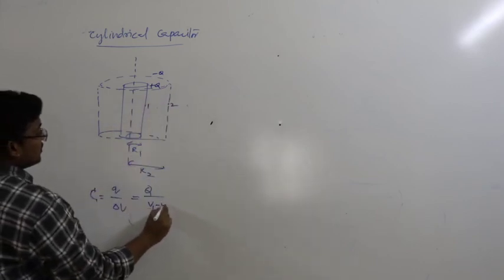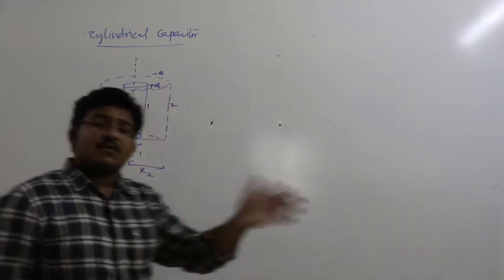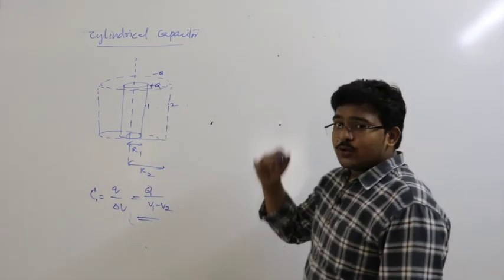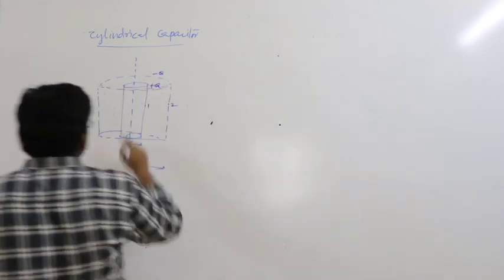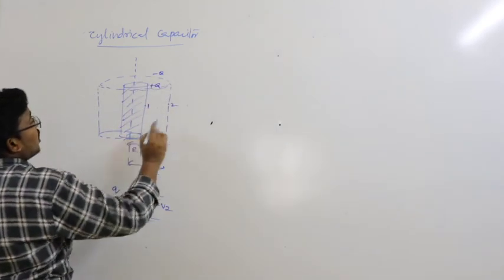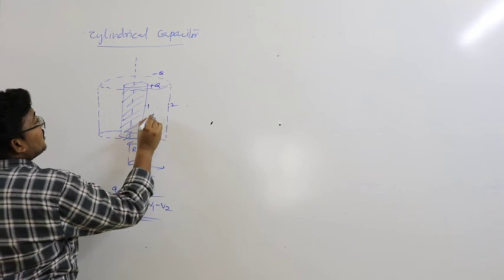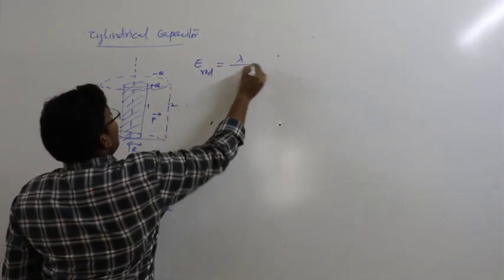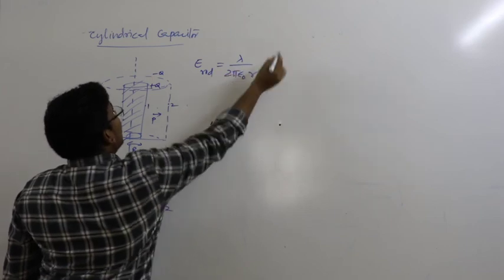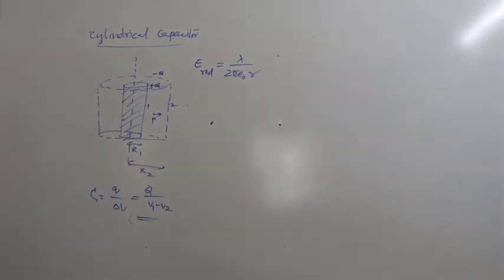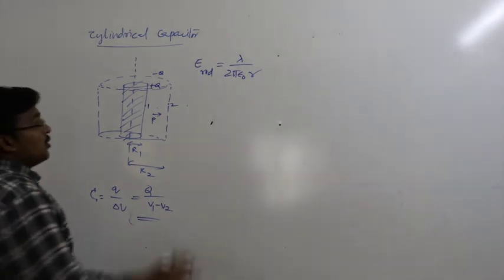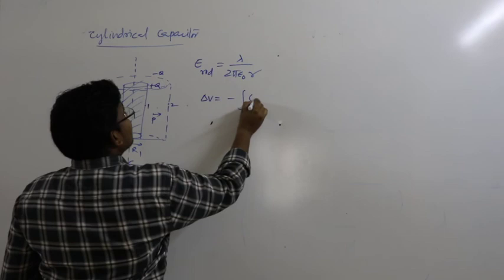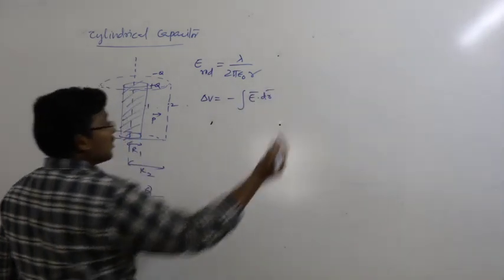And you know from electrostatics, the electric field at a point P due to a rod or cylinder is lambda by 2 pi epsilon naught R. Now you want to find the potential. You know the relation from electrostatics, delta V is equal to minus integration of E bar dot dr bar.